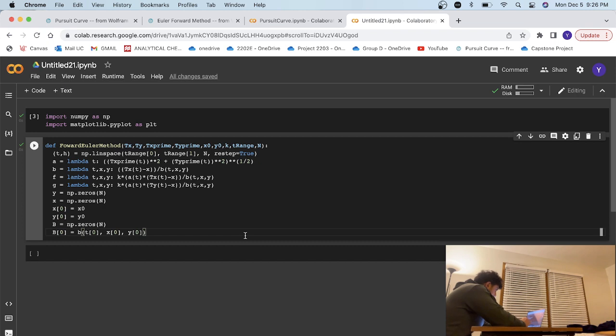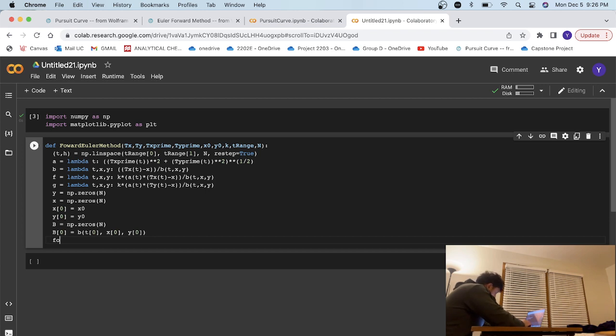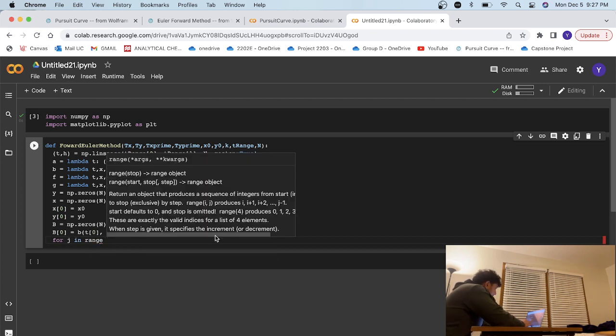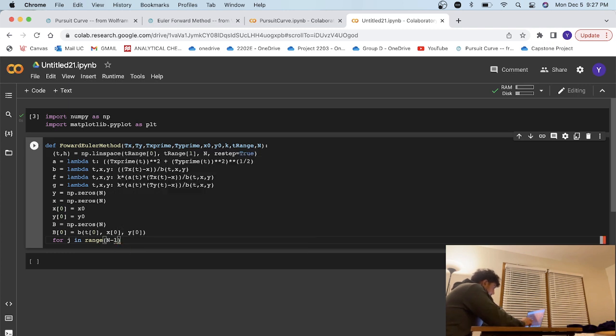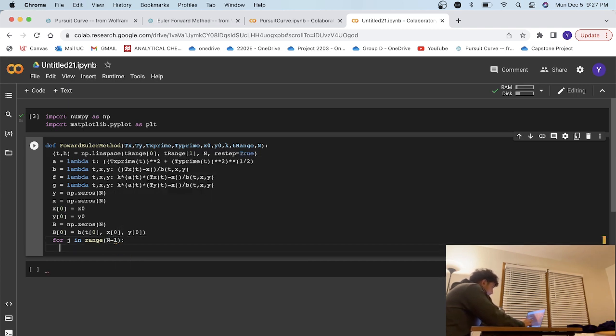So basically, what is this line of code going to be doing for us? Well, we're going to be needing to iterate. Now we just defined all our functions, but now we want to implement the forward Euler's method.